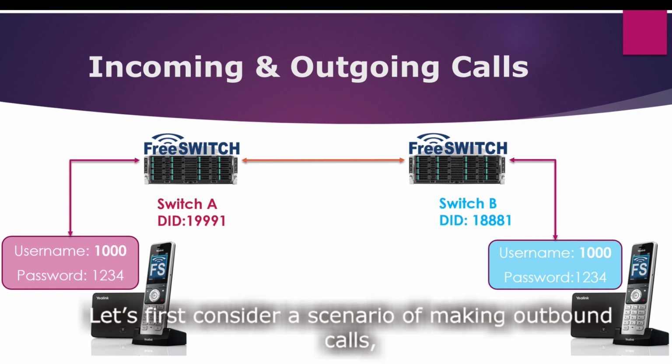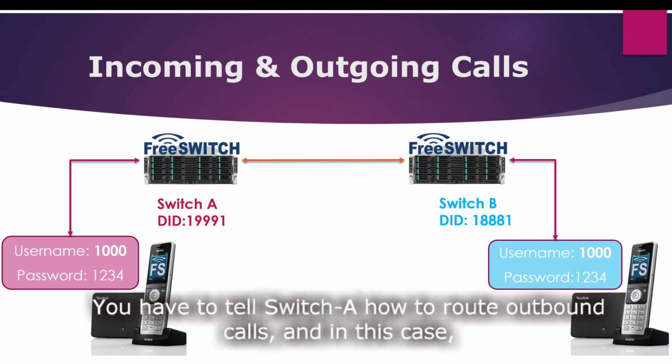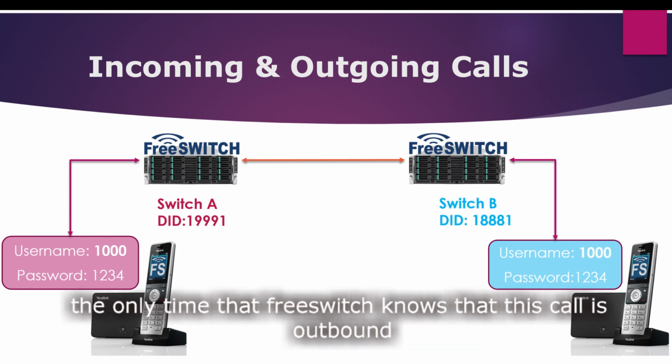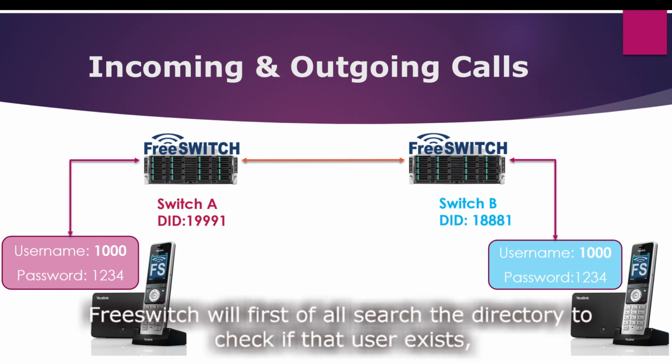Let's first consider a scenario of making outbound calls, and I'm going to be demonstrating this on switch A. Now, you have to tell switch A how to route outbound calls. When you make a call from a registered extension, FreeSWITCH will first of all search the directory to check if that user exists.